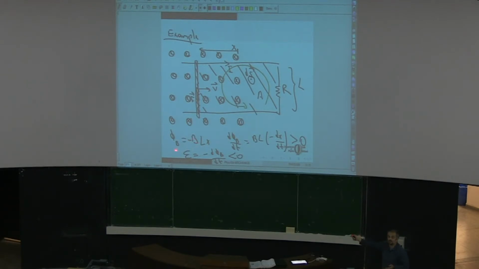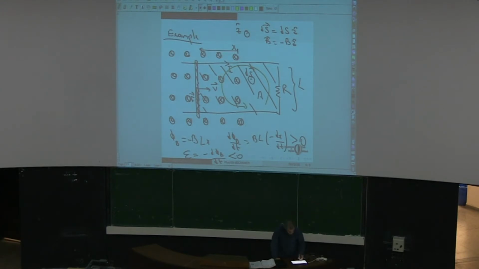B is the magnitude, L is the magnitude, X is the magnitude. B, L, and X are all positive numbers, so BLX is a positive number, but I know that the flux is negative, so I put a minus sign there. Or, more formally, let's say this is the direction of z. The ds vector is in the z direction, the B vector is in the minus z direction.